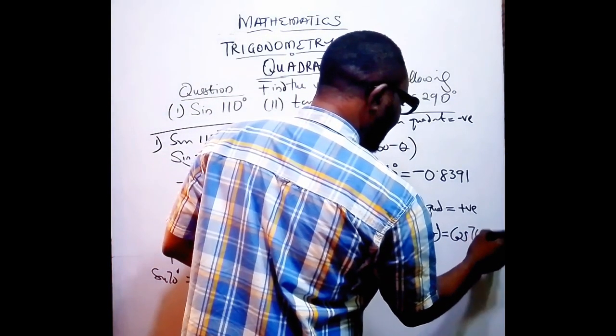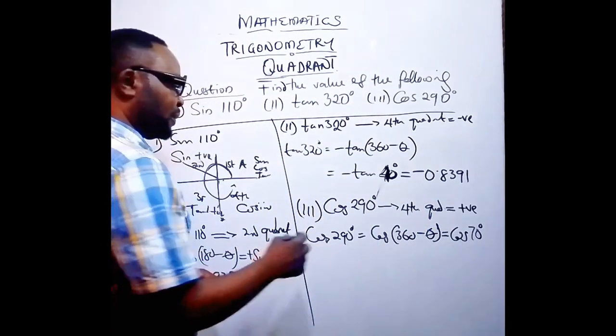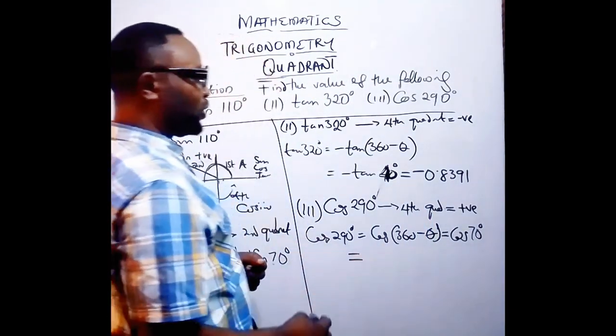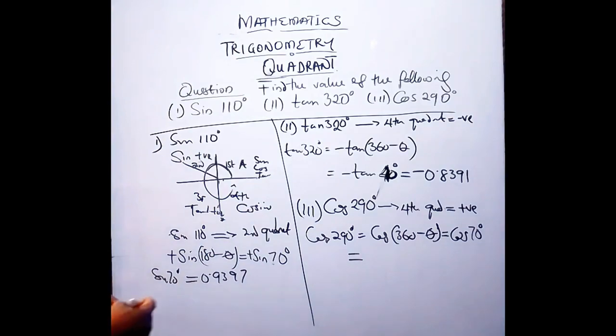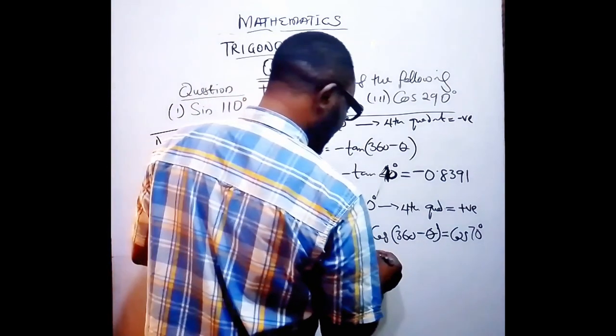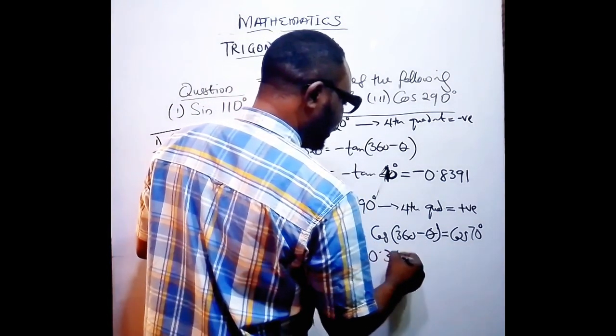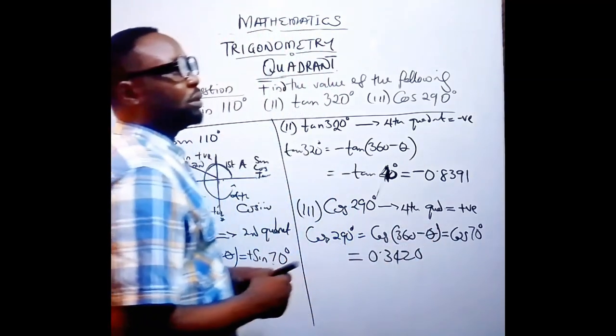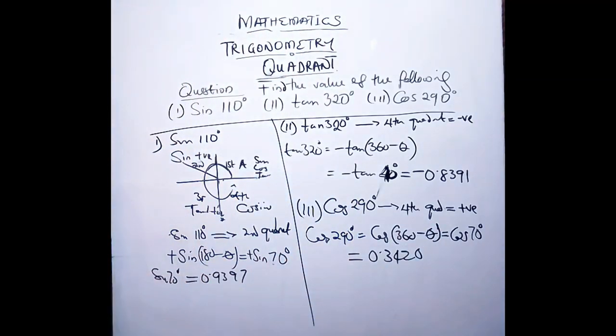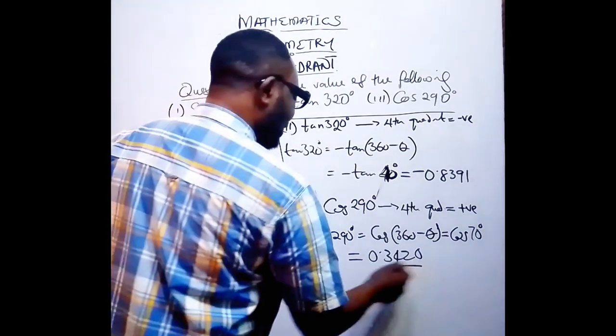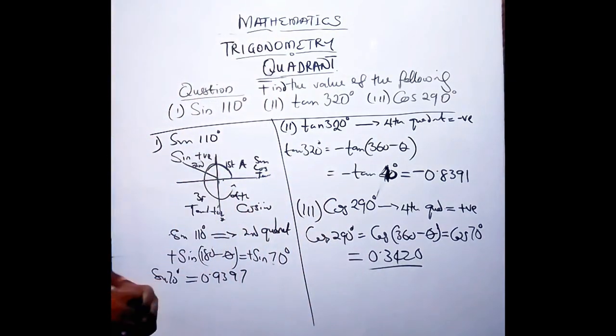Cos 70 degree is positive sign. So what is the value of cos 70 degree? 0.3420. That's at the fourth quadrant. That is how you solve those questions.